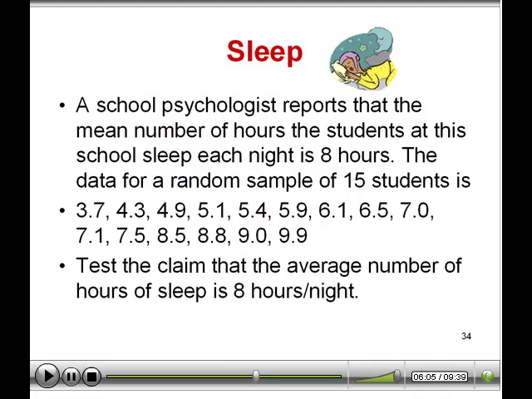In this next study, we are interested in the mean number of hours of sleep that students at a particular school get each night. A school psychologist has claimed that it is 8 hours a night. Data is collected from a random sample of 15 students, and we are about to test the psychologist's claim.